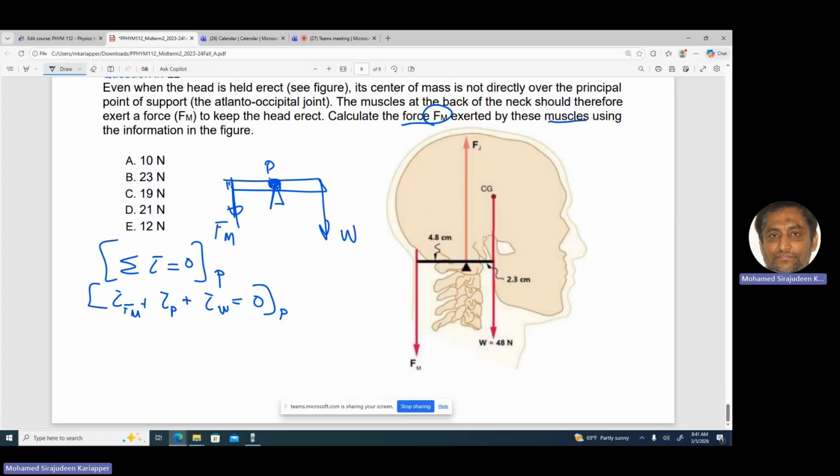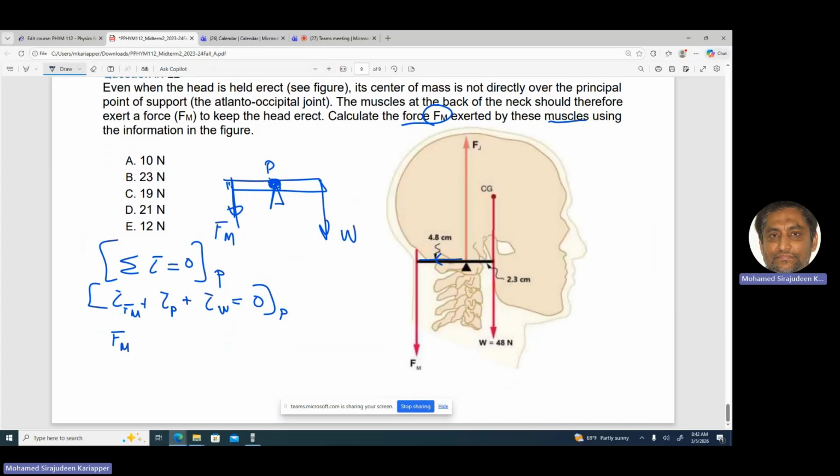Fm is the unknown. R will be 4.8 centimeters. It's an equation, so the length is going to appear in each term, so there is no need to convert it into meters. I'm not asking to find the net torque.